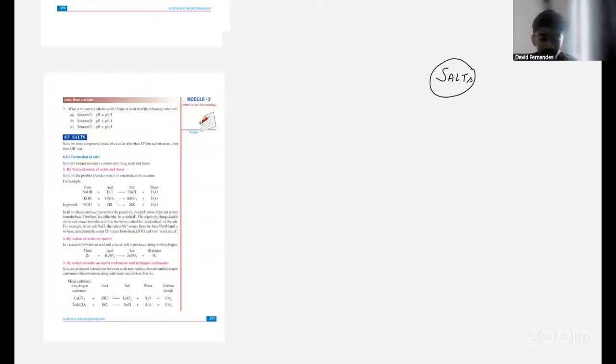So combine the two elements, Na and Cl. How will you combine it? You will not just mix Na and Cl. How will you combine that?